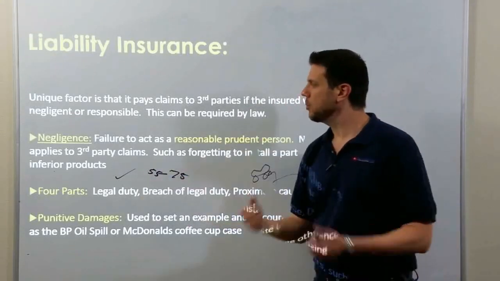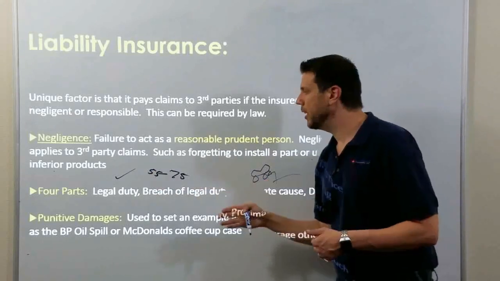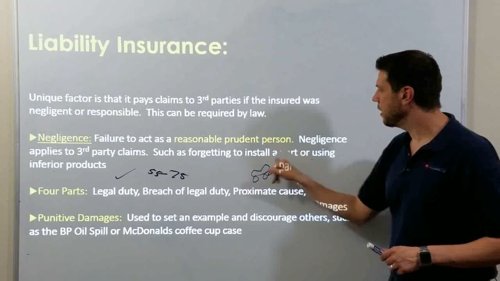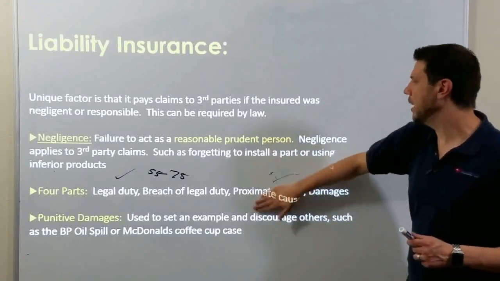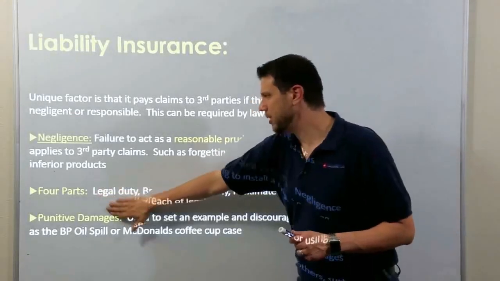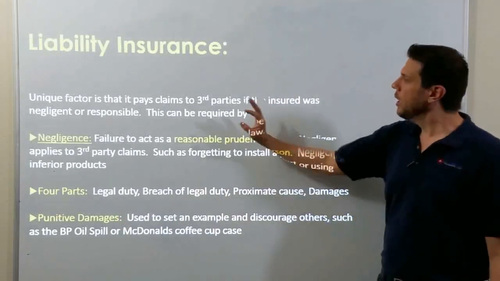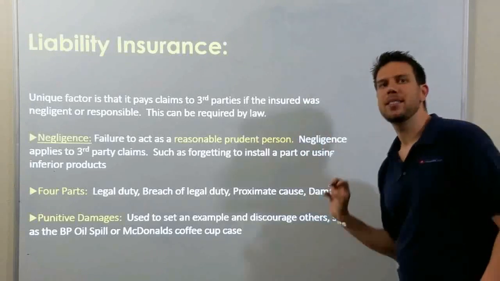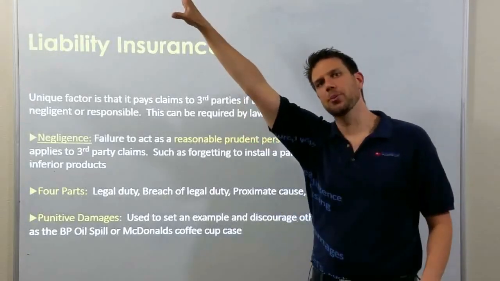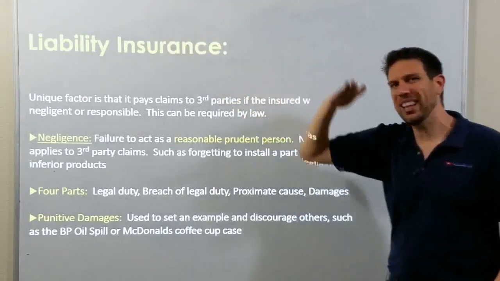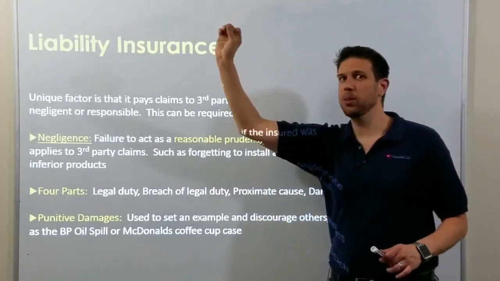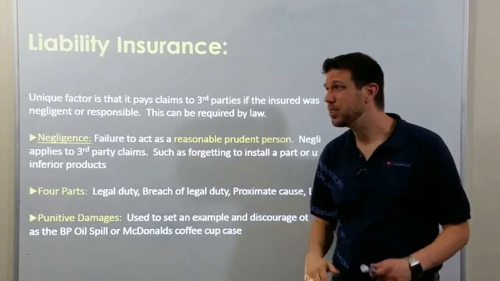So legal duty is, were you supposed to act? Breach of legal duty, did you fail to act? Proximate cause, are you the initial reason? Yes. Damages, yes. Now the customer or the person injured can sue you. Negligence would also be like a roofer selling superior shingles, but then installing inferior shingles. So like they upsold on really good shingles, but then they installed really bad shingles.